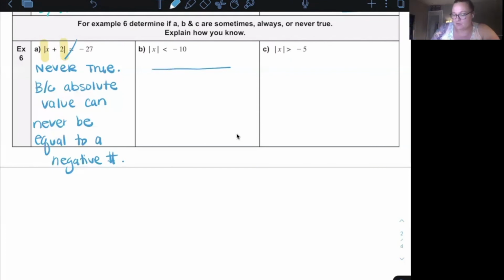Well, if you think about what less than a negative 10 would mean, is less than negative 10 is all the numbers to the left of negative 10, like negative 11, negative 12, negative 100, negative 5 million, negative 20 million, etc. Can an absolute value be less than negative 10? Is that allowed? Can an absolute value of x be less than negative 10? No, it can't. So this is also never true.